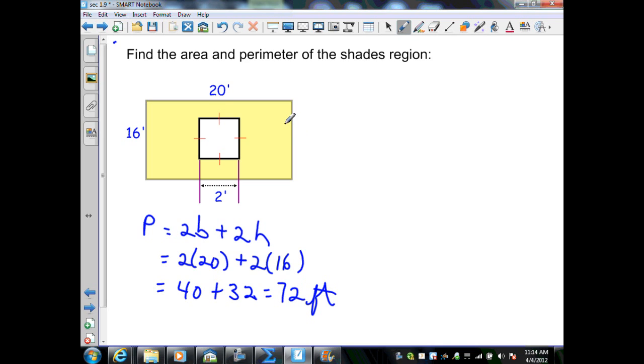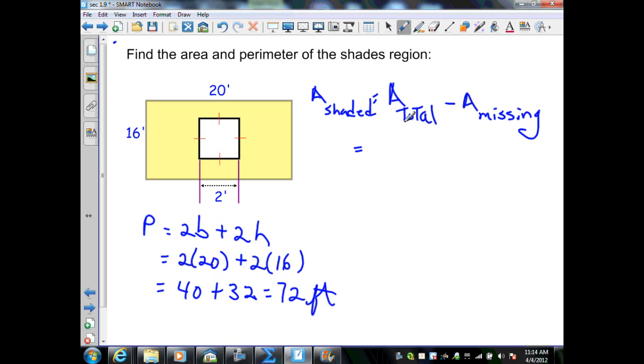For the area of the shaded region, the area of the shaded region is the area of the total object, and there we would assume that nothing is missing, minus the area of the square, or the missing piece. Then we just substitute in the values.